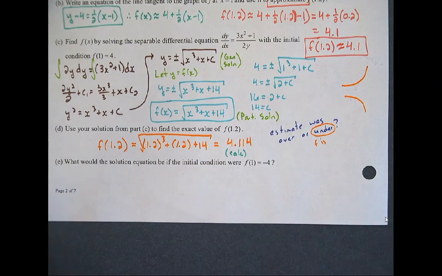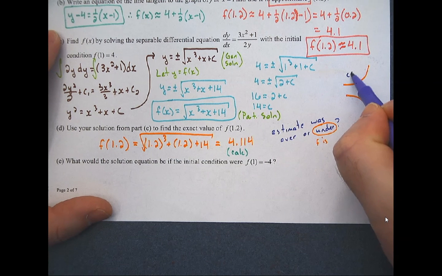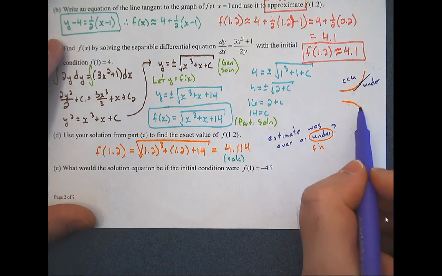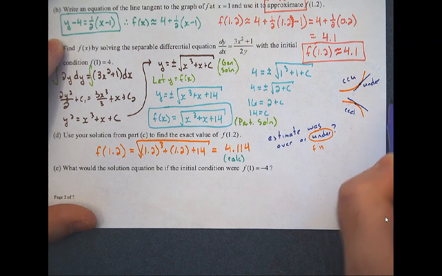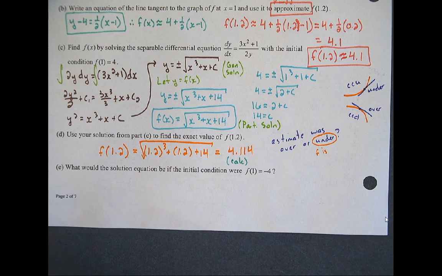If I've got concave up and I draw a tangent line, that tangent line is always going to be an underestimate. If I've got concave down and I draw a tangent line, see how those values are always higher than the values below them? So this is an overestimate. So f must be concave up.